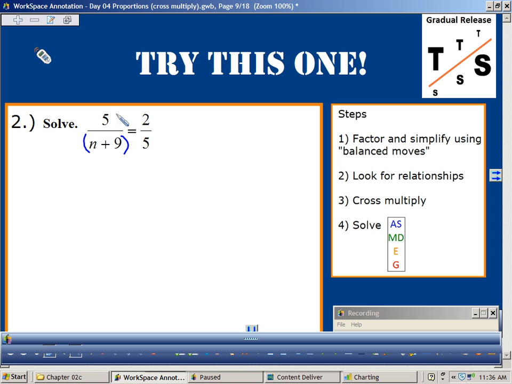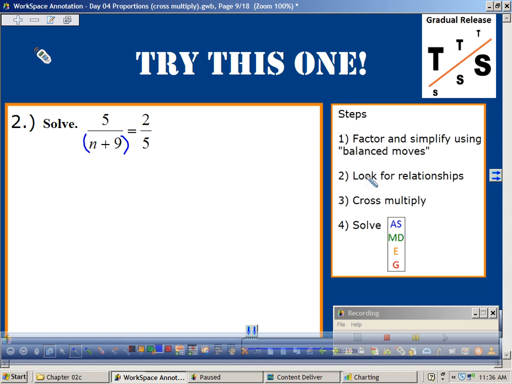All right, so I can't cross out my 5 because that is not a balanced move. So look for a relationship. 2 times something makes 5. That's going to be a fraction or decimal, right? Don't want to do that. So I could, like I said, take the inverse of this side and the inverse of this side to make it look like this.